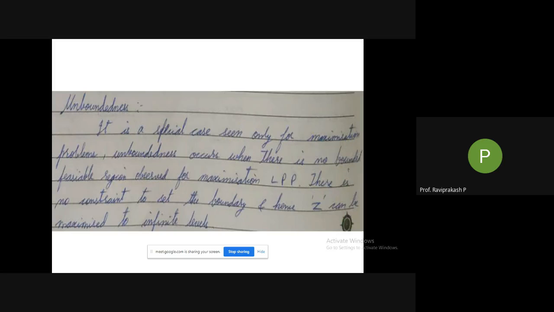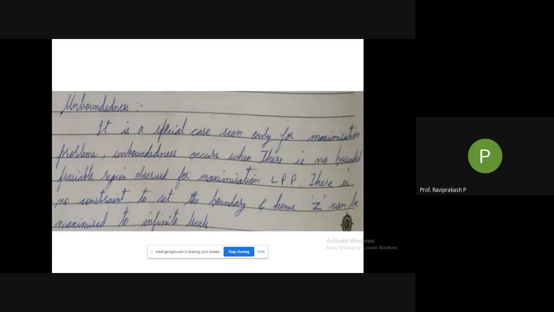There are no constraints to set the boundary, and hence Z can be maximized to infinite levels.